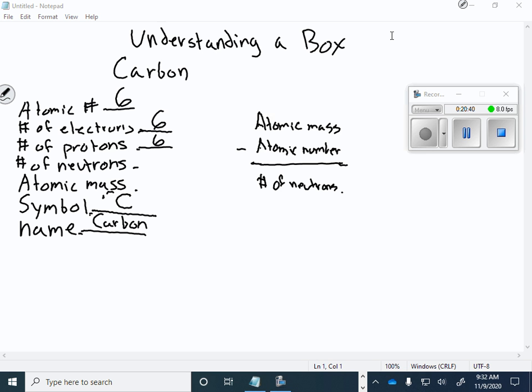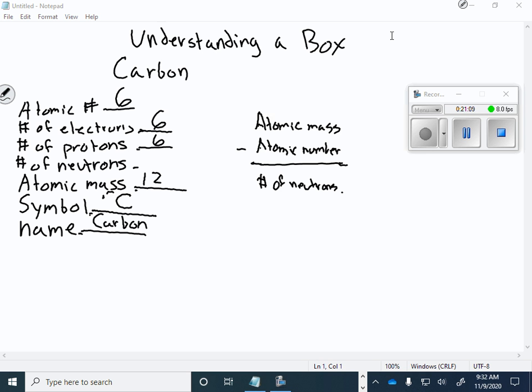Okay, and then finally, what's the last number on these? At the bottom of these boxes, what does that represent? You said what it is. Yeah, the number is 12. And what does that represent for us? Yeah, the atomic mass. Very good. Okay. And this one is 12.011. And so we would round down to 12.